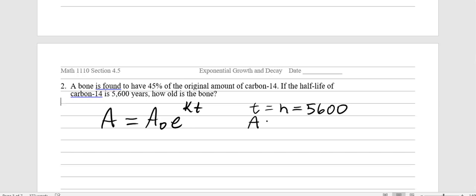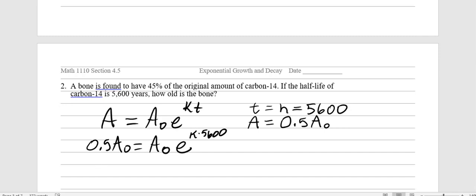So when we're at that time value, a is 0.5, half of the initial amount. So we're going to go into the function, and in place of a, we're going to put 0.5 a naught. And that is going to equal a naught e to the k times 5,600.